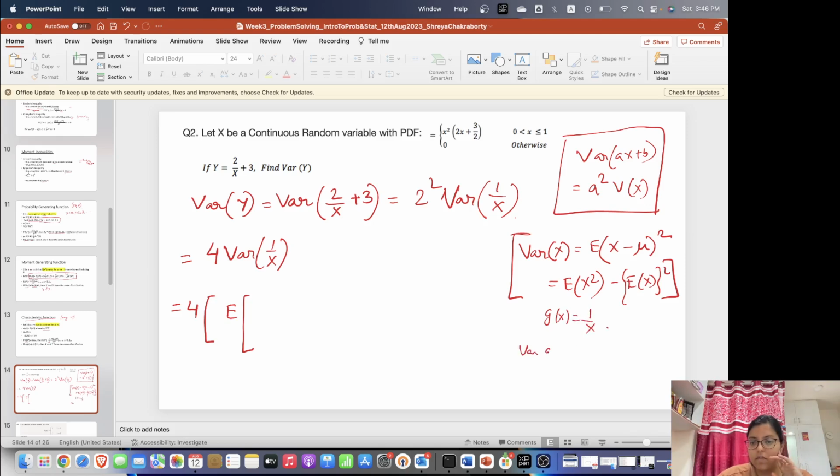So variance of g of x will be expectation of g of x square minus expectation of g of x whole square.